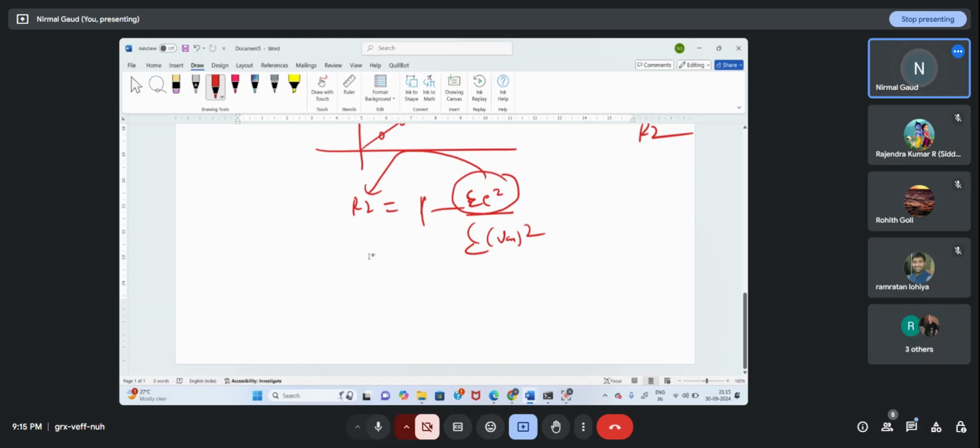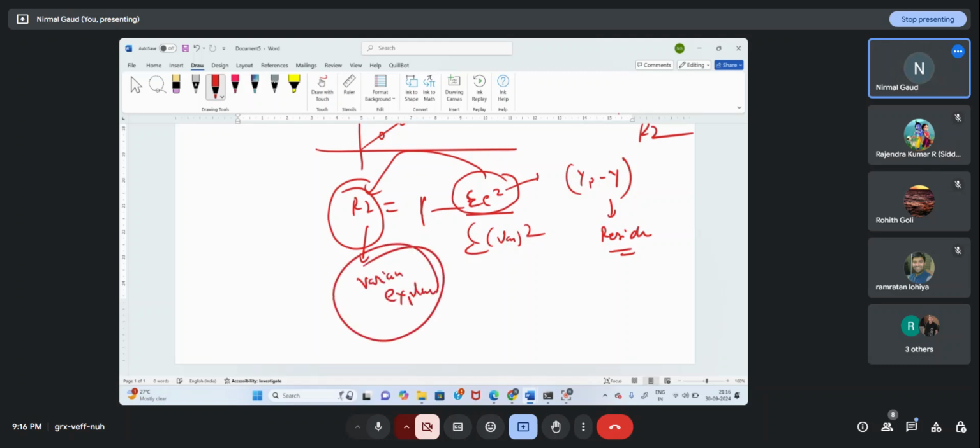That is totally a wrong interpretation, because here we are talking about variance explanation, and here the error is y predicted minus y. That is the error, the residual. And here we are talking about variance explanation. So that's not the case. The entire concept of statistics is being used here.